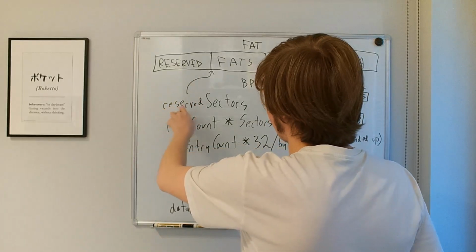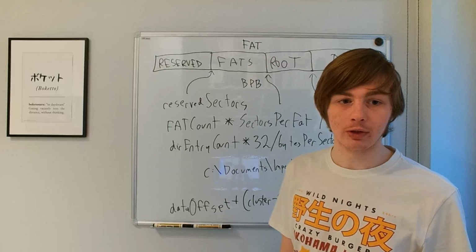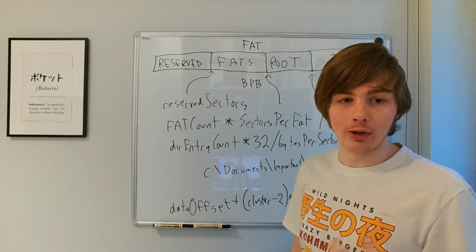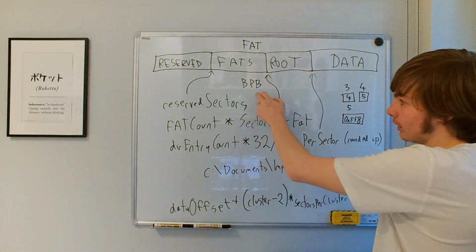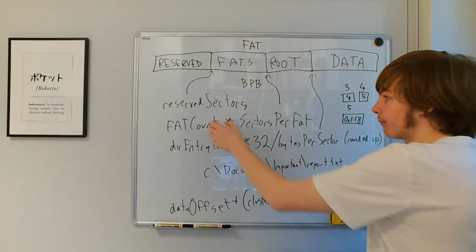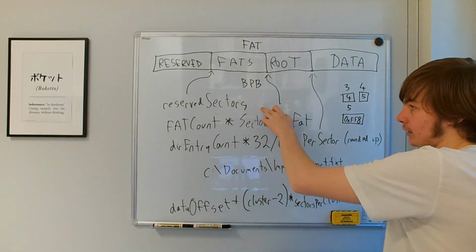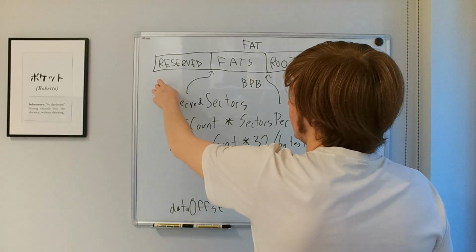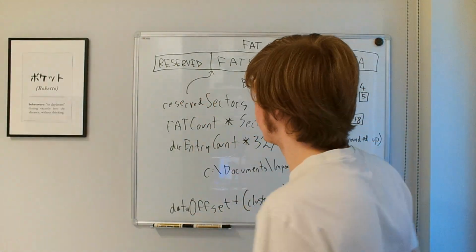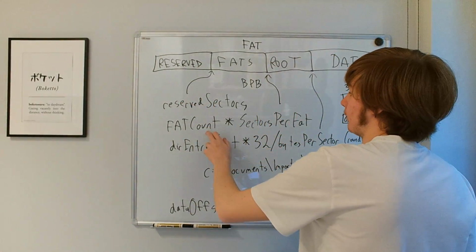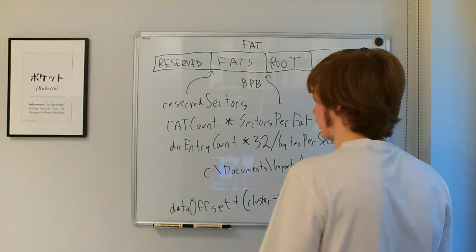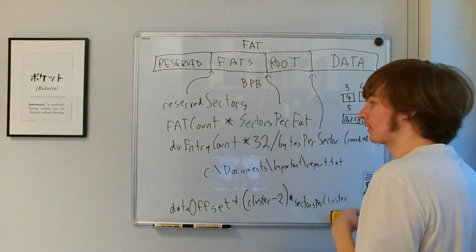Reserved, which is always going to contain the MBR, the master boot record, which contains the BPB, or the BIOS parameter block, which contains fields according to the documentation we can read at a specific offset, such as reserved sectors, that is going to tell you how many sectors are in this reserved region. Then, in order to get the size of the file allocation tables, you take the FAT count, or how many FATs there are, times how many sectors one FAT takes up.